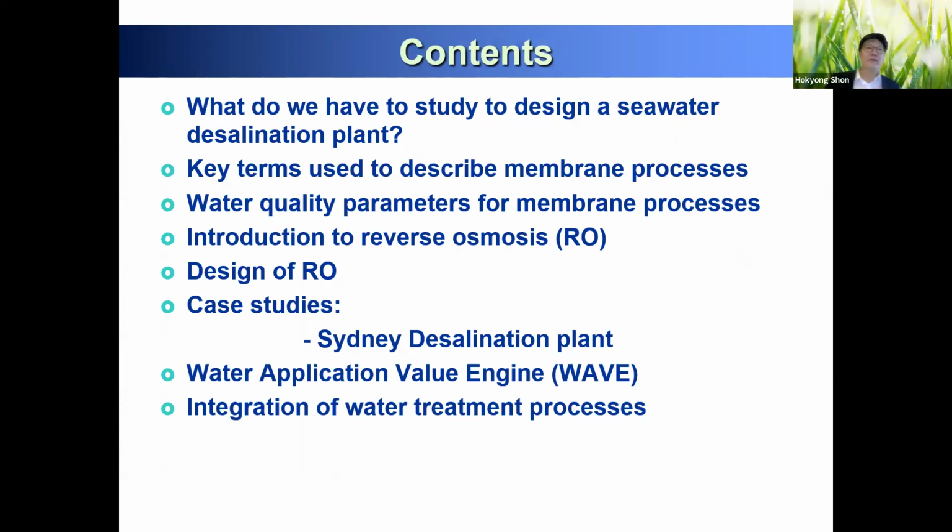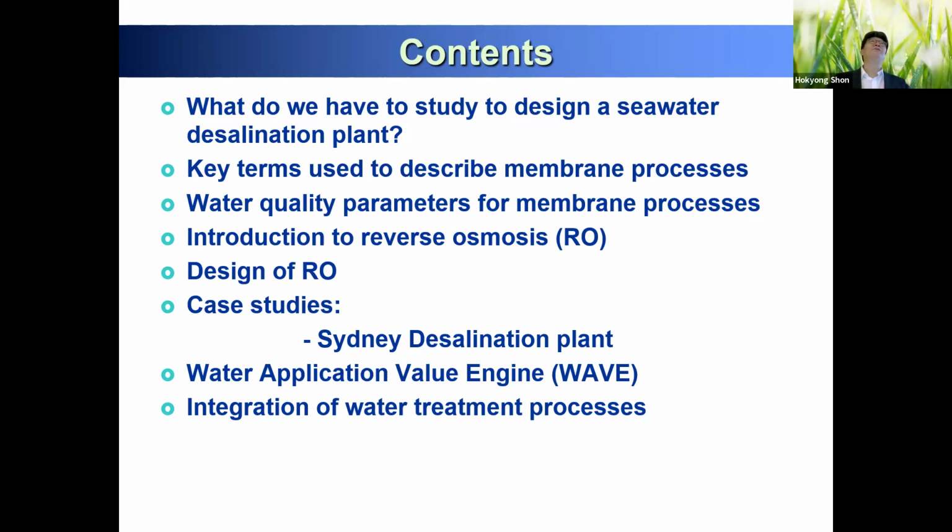So today we will discuss what we have to study to design a seawater desalination plant, and the key terms used to describe the membrane processes and the water quality parameters for the membrane process.